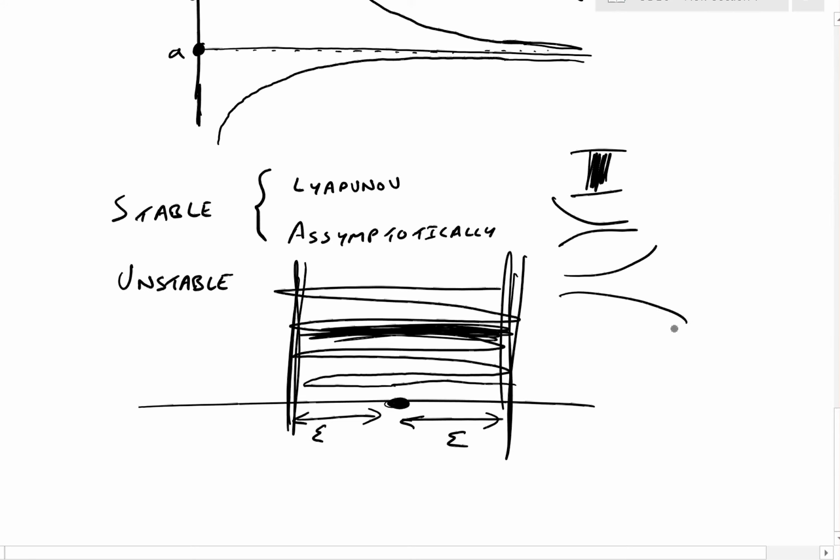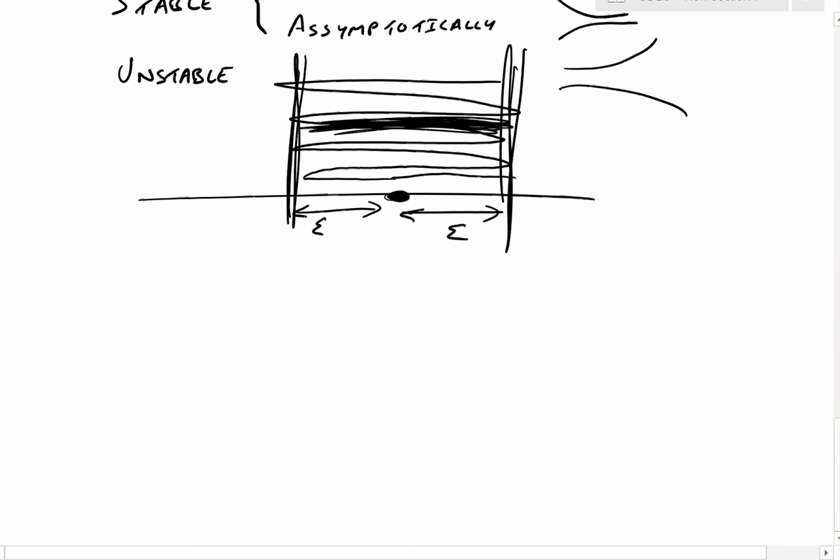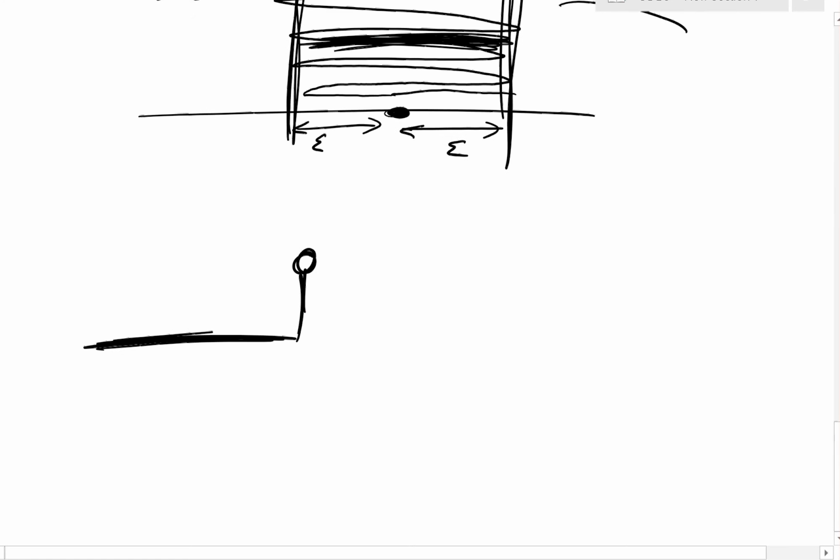Hopefully that makes a little bit of sense. If you want a visualization of what stability actually means, imagine having a pendulum. We have a pendulum up here, and in one case we start it up here, and in the other case we start it down here. Then we push it forwards.